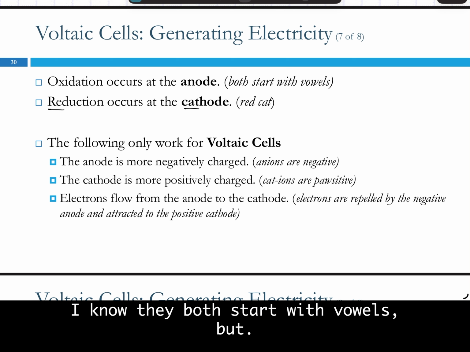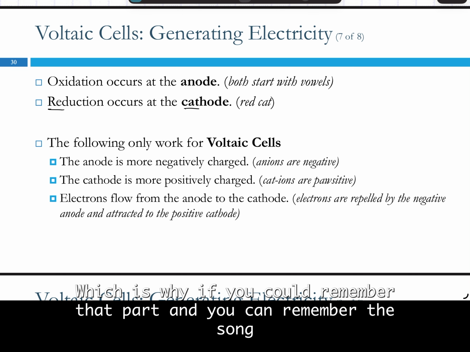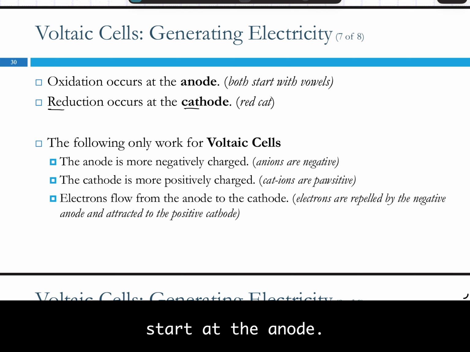I know they both start with vowels, but OIL RIG is oxidation is loss, reduction is gain, which is why if you can remember that part and you can remember the song, start at the anode, electrons are lost there.